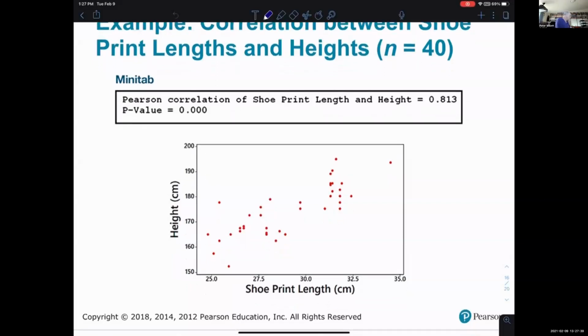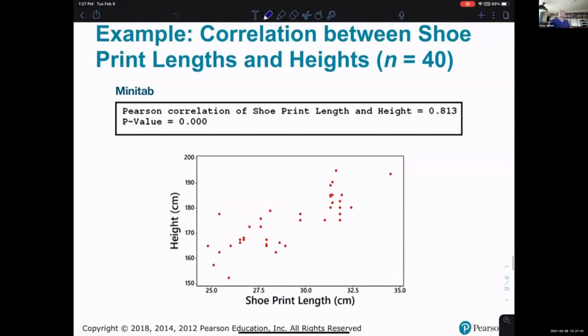In this bigger data set, now they have 40 pieces of data, and they're also showing the number n. N is the letter we typically use to represent how many pieces of data were in the sample. So previously we had a sample size of 5, and now we have the same data, but with 40 pieces of data.